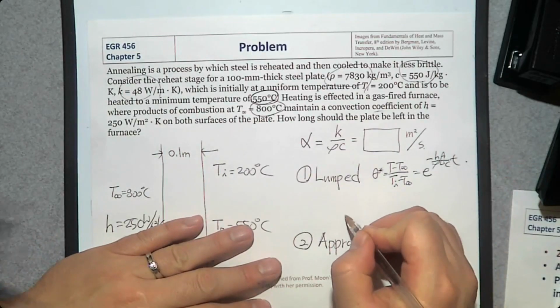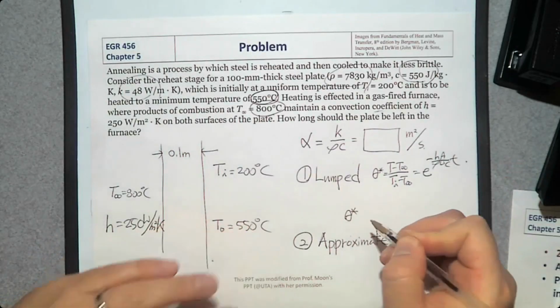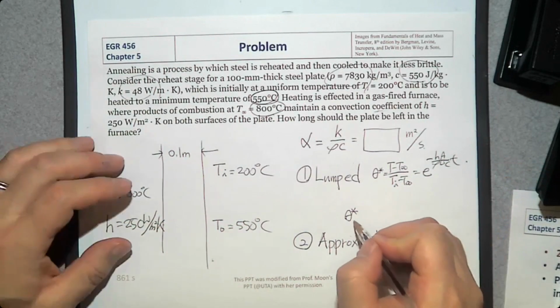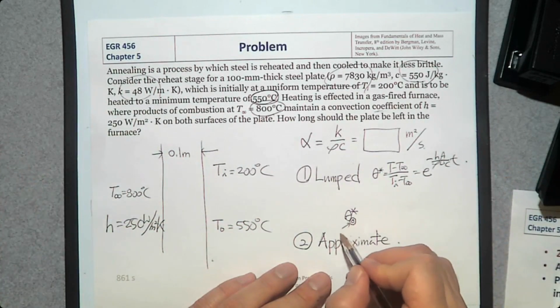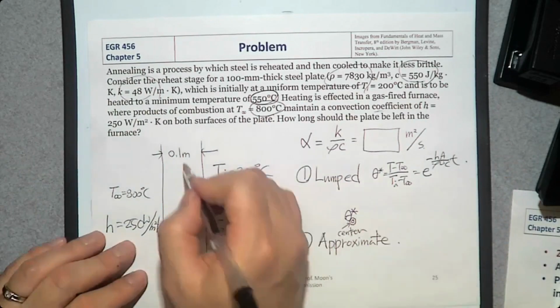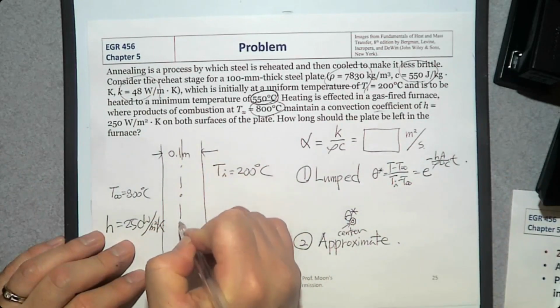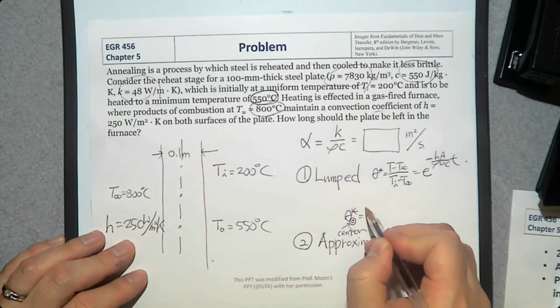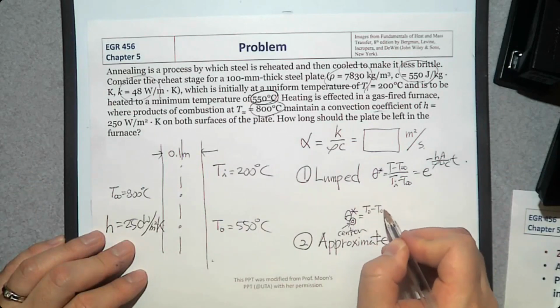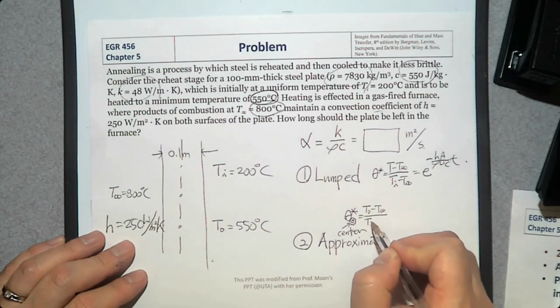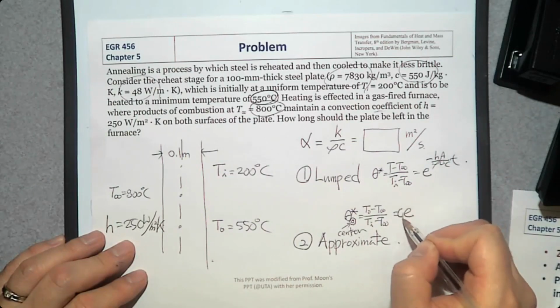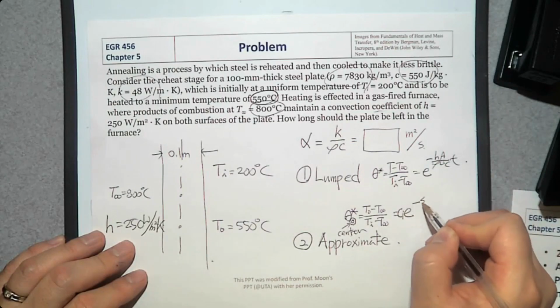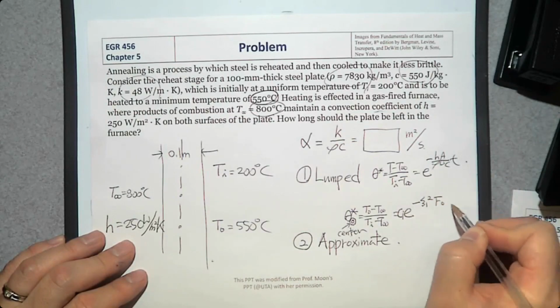It's going to be theta 0 star because we are only looking at the center, T0. That is T0 minus T infinite divided by Ti minus T infinite equals C1 times e to the minus zeta 1 squared times the Fourier number.